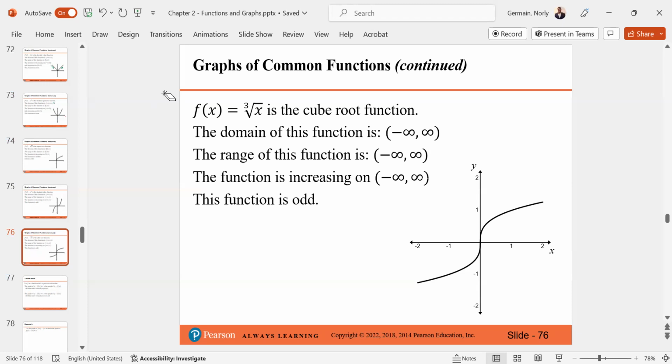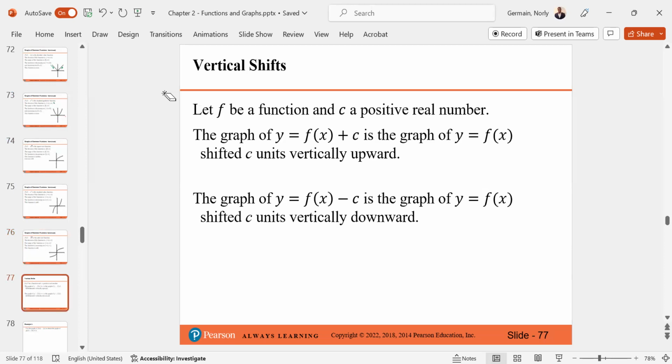Because if you do -2 times -2, it's going to give you +4. So that's why you cannot take the square root of a negative number, but you can take the cube root. If the index is odd, like cube root, fifth root, seventh root, ninth root, 11th root, then you can take the root of a negative number. All right. Hope you like that.